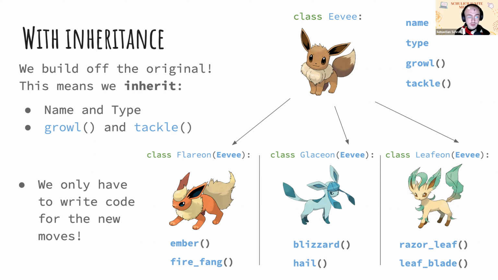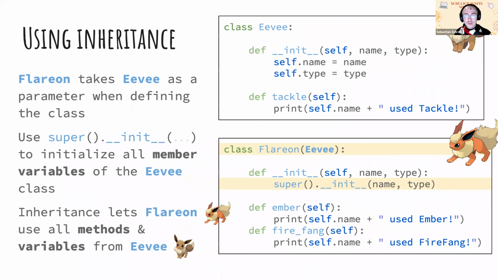So we only have to write the code for the new moves in this case, because we've written growl and tackle in our Eevee class, and Flareon, Glaceon, and Leafeon would inherit those methods from that Eevee class.